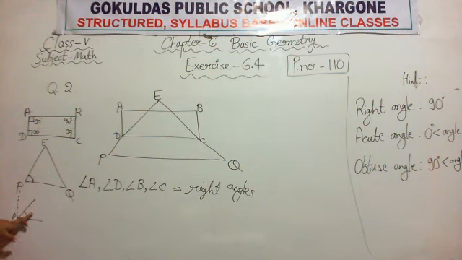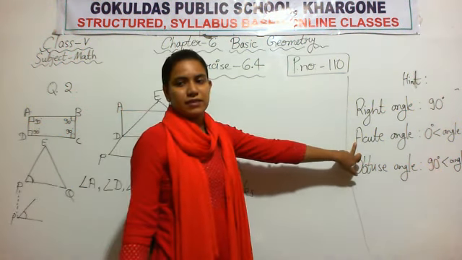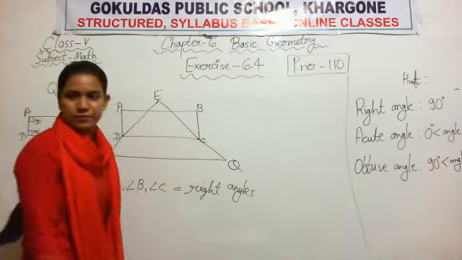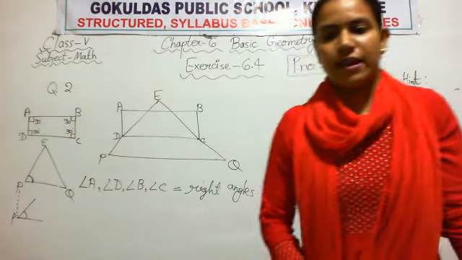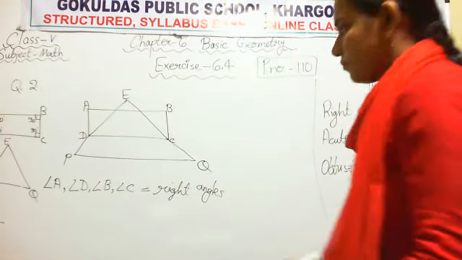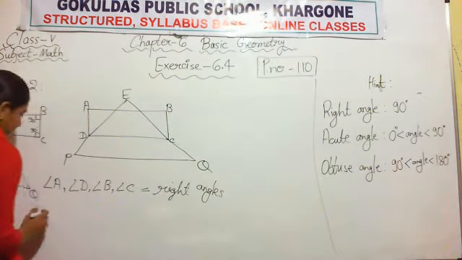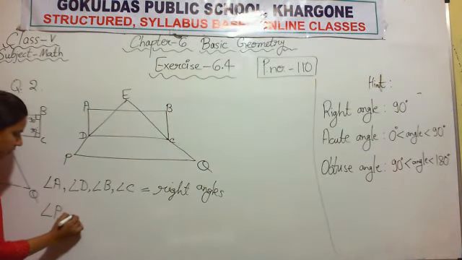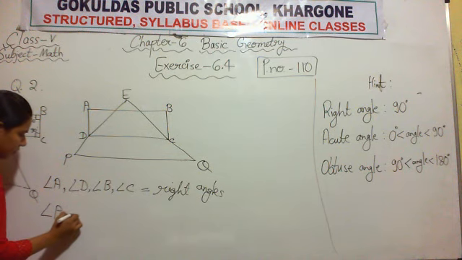And if an angle is less than 90 degrees, what kind of angle is it? It is an acute angle. So angle P is an acute angle.